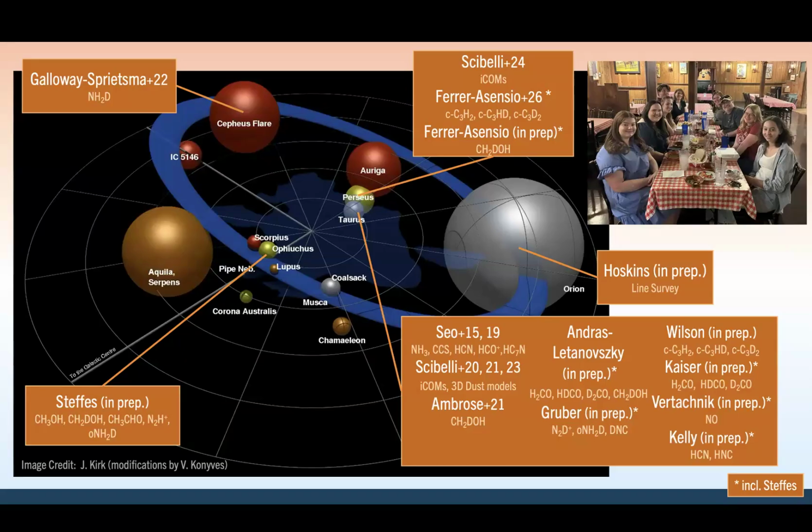So a lot of these projects are undergrad-led. Of the projects that I've highlighted here, Maria Galloway-Spurtsma, Hannah Ambrose, Hanga Andras Latinovsky, Hannah Gruber, Lily Wilson, Grace Kaiser, Emma Vertachnik, Emily Kelly, and Jack Hoskins were all undergrads or are current undergrads here and are all leading these huge chemical surveys, largely using the Arizona radio observatories.